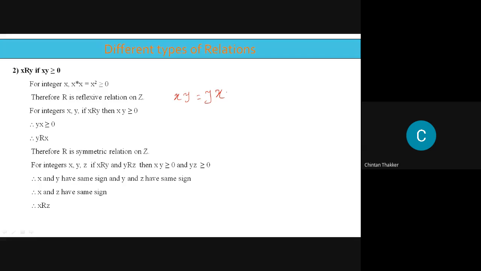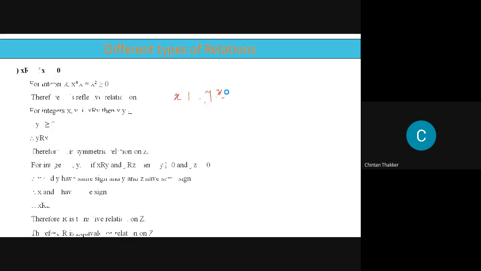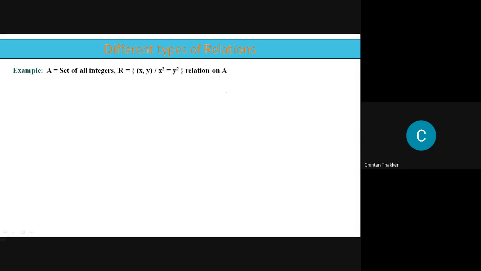So therefore, R is a transitive relation and therefore R is an equivalence relation on Z. Okay. Now do this example. Check whether this is an equivalence relation or not.